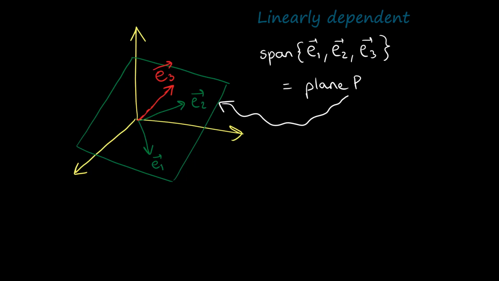In this case, the vectors are said to be linearly dependent, and their span is equal to a two-dimensional plane. When three vectors span a two-dimensional space, this means that at least one of the three is a linear combination of the other two. And so it is a redundant vector, because we could span the same space without it. Finally, there is another scenario.